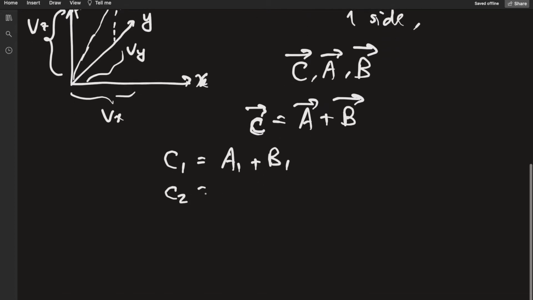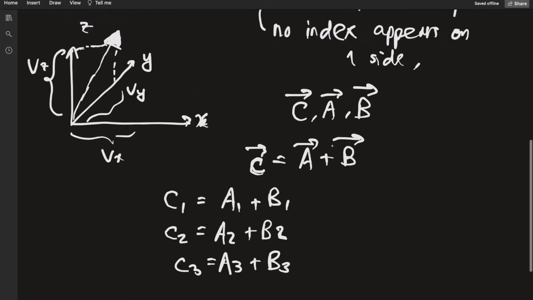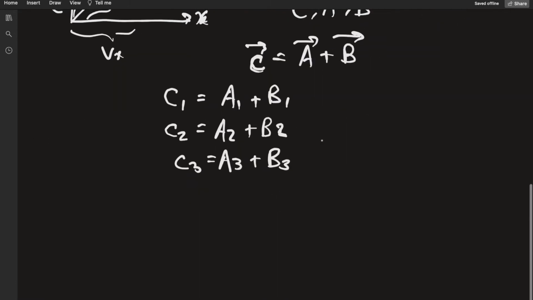I'm sure you know this. C2 is A2 plus B2, and C3 is A3 plus B3. We're right now especially focusing on 3 dimensions because you find out later we have to define quantities such as the cross product. That requires, at least for this case, the lowest number of dimensions to be 3.